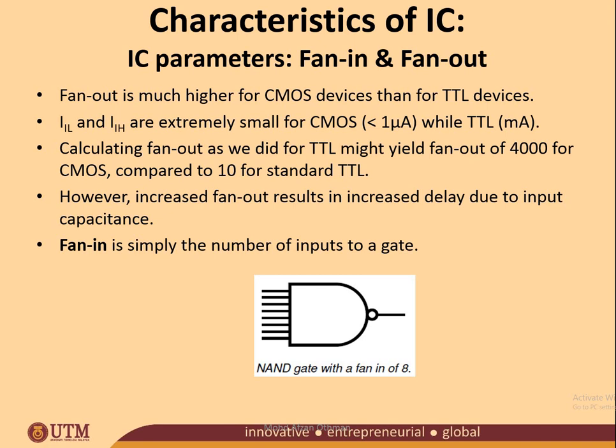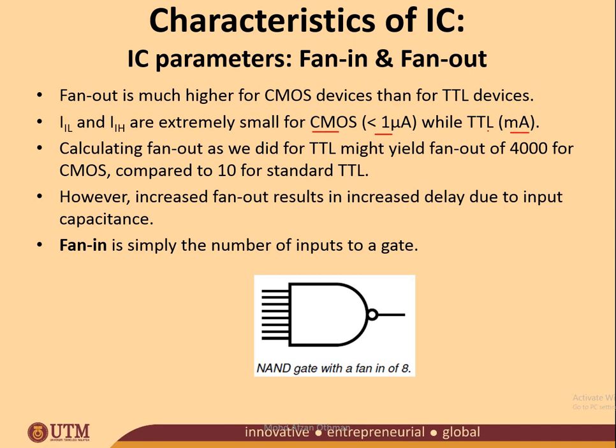Okay, now fan out is much higher for CMOS device than for TTL device. Okay, meaning CMOS can support more loading. IIL and IIH are extremely small for CMOS, 1 microampere, in contrast with TTL just now, milliampere.